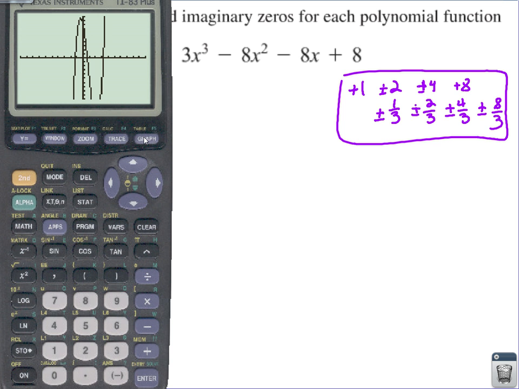Later on in the chapter, you're going to talk about basic forms of these polynomial functions. X to the third, although it could be a little taller in places, a little skinnier in places, is always up, down, up. It always has that basic shape. X squared always has the same basic shape. So you can kind of tell what it's going to look like just by seeing what that is.